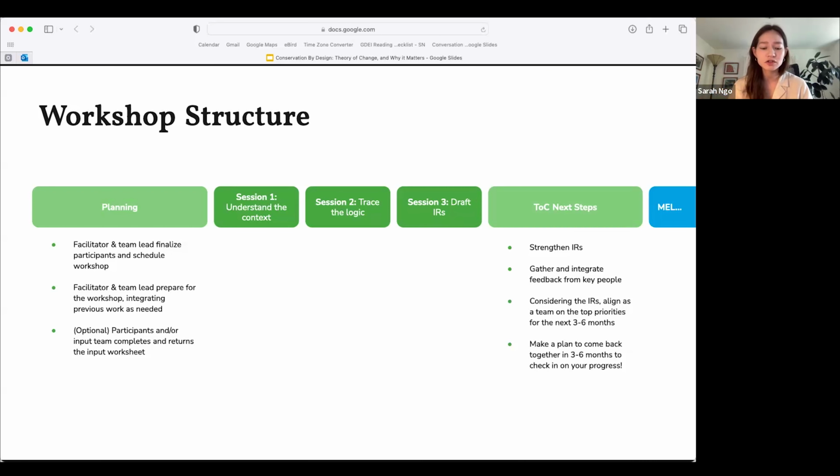And I also should mention that a lot of effort has been put into making the theory of change workshop and the MEL workshop work together really well, so that there's a smooth, supportive transition for you as you're going to that phase.